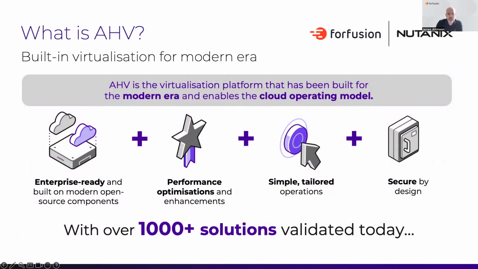So what is AHV? It's the virtualization platform that is ready to host your applications. The infrastructure and the virtual environment can both be managed from the same interface, Prism, reducing operational complexity and management overhead.